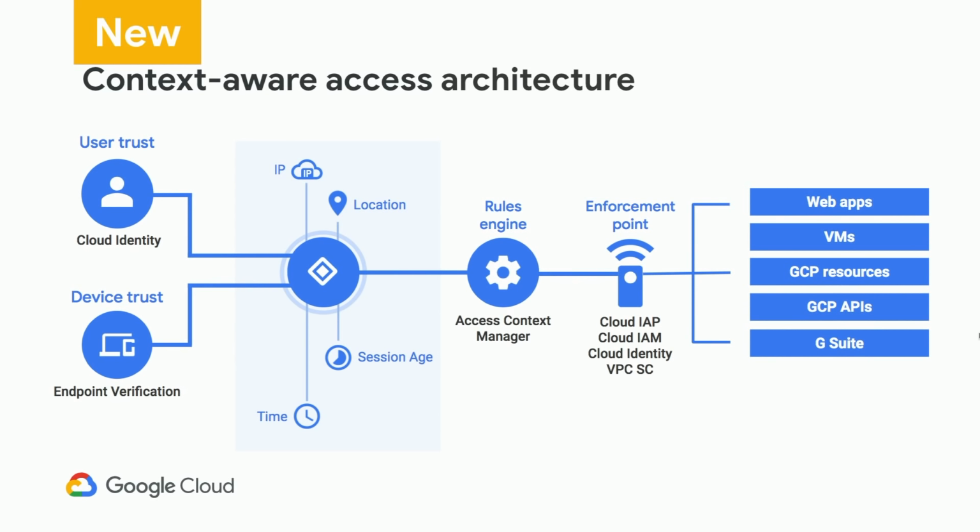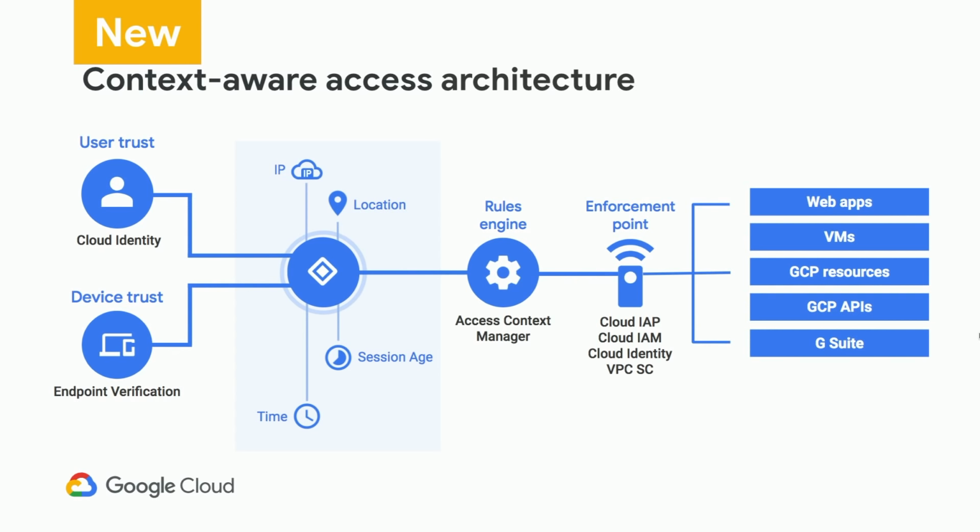One of our other interesting security-based launches recently is context-aware access. This is a control that admins have often wanted. It's something that Google has been doing proactively, but now we're giving you visibility and control into it as a G Suite admin.